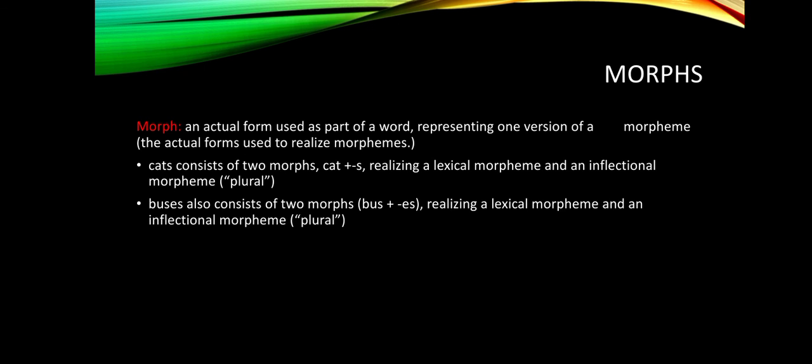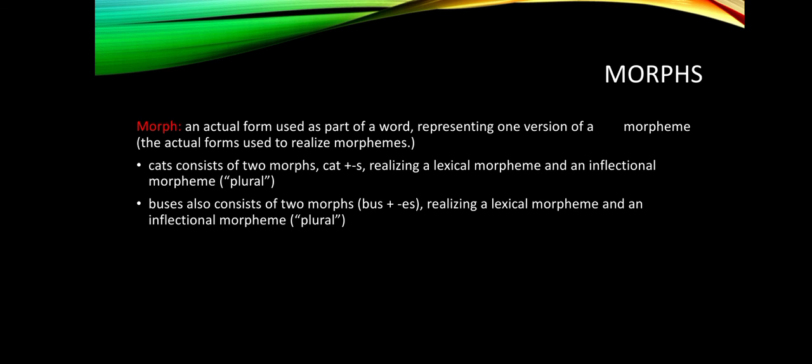I have given example of cats, which consists of two morphs. One is cat, a noun, and then an s at its end, which shows that it becomes a plural form, cats, realizing a lexical morpheme. Cat is a lexical morpheme which carries a meaning, and inflectional morpheme s shows that it is a plural.